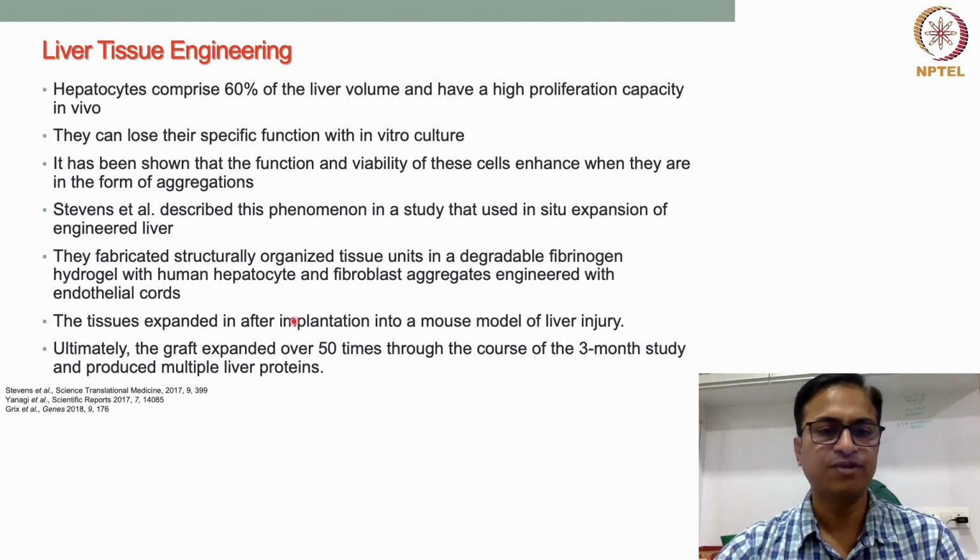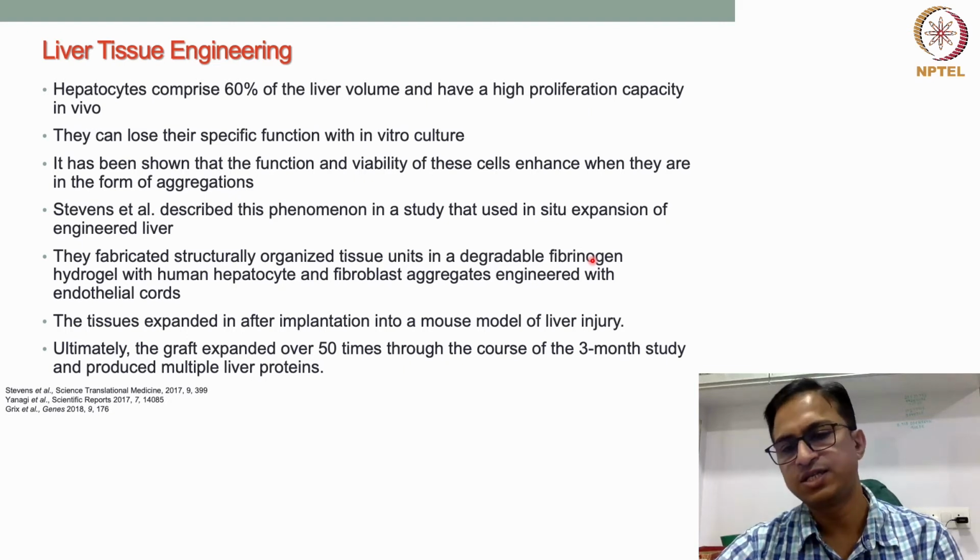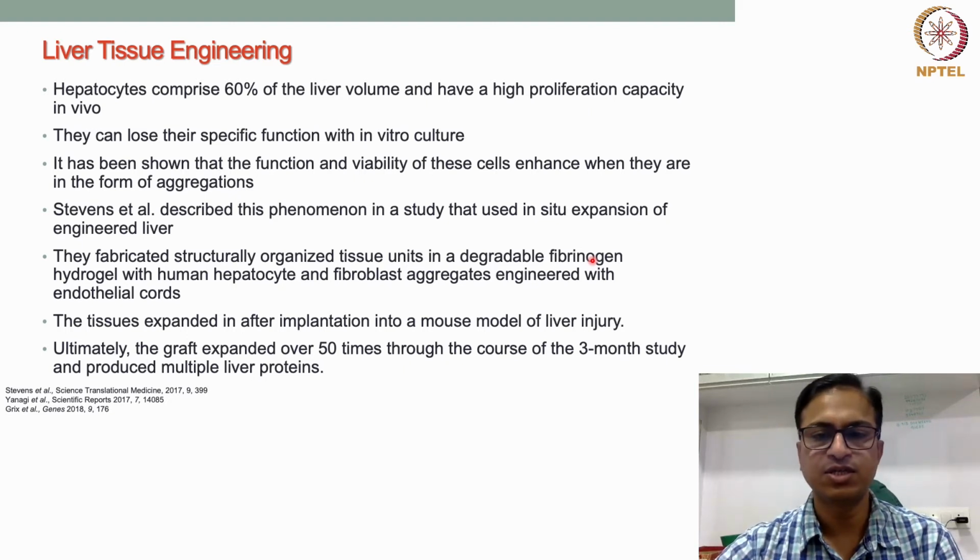So they fabricated a structurally organized tissue, and they used a fibrinogen hydrogel. Fibrinogen is present in our body, so it can also be an autologous material. In this fibrin hydrogel they incorporated human hepatocytes and fibroblasts.